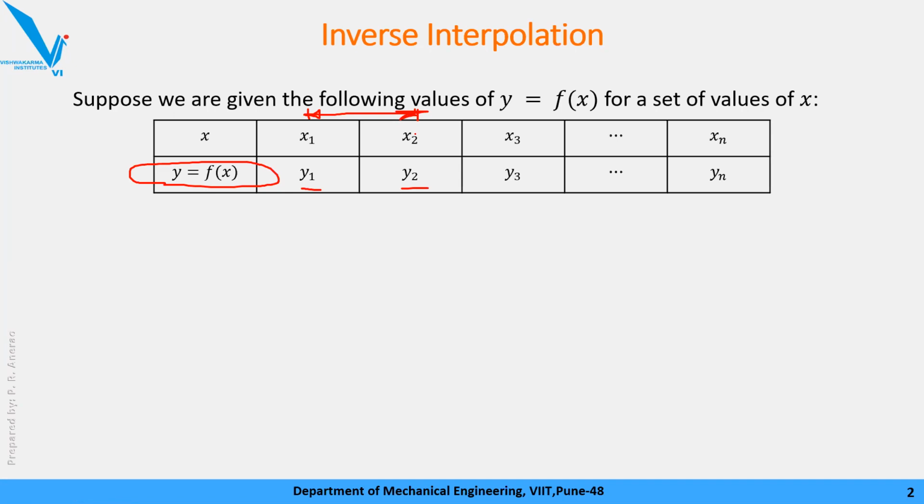So that's why in most cases the values of y will not have any kind of equal spacing. So instead of going for Newton's forward difference method, whenever you have an inverse interpolation problem, you use Lagrange's approach. This topic is very easy to understand.